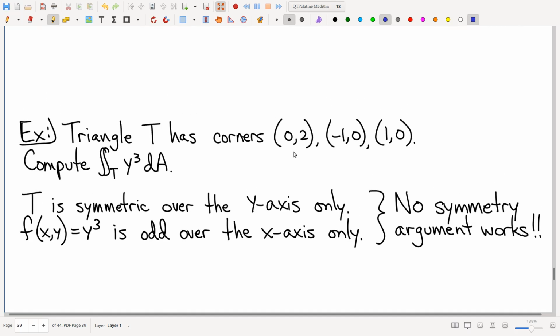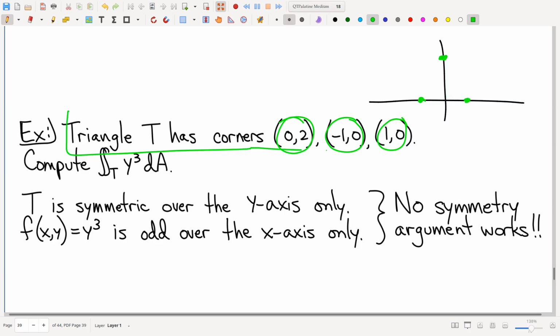Again, landmine example. Oh man, this happens. Scary. Let's look at this domain. 0, 2, -1, 0, 1, 0. Our triangle has those points as its corners. Our domain looks like that, and oh my gosh, look at that, it's symmetric, right?